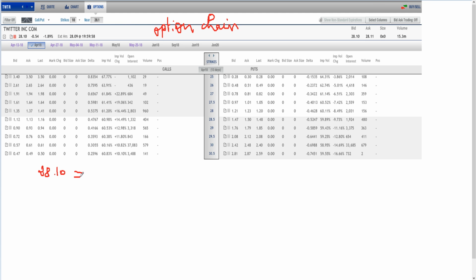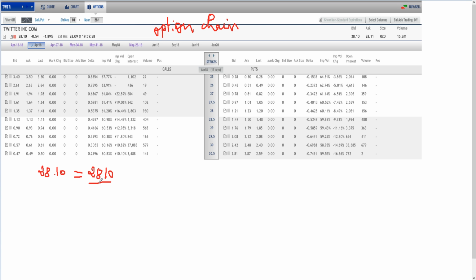Now, how much do you spend to buy 100 shares? Most people buy 100 shares. Let's say it is $2,810. Now, a lot of people say, what?